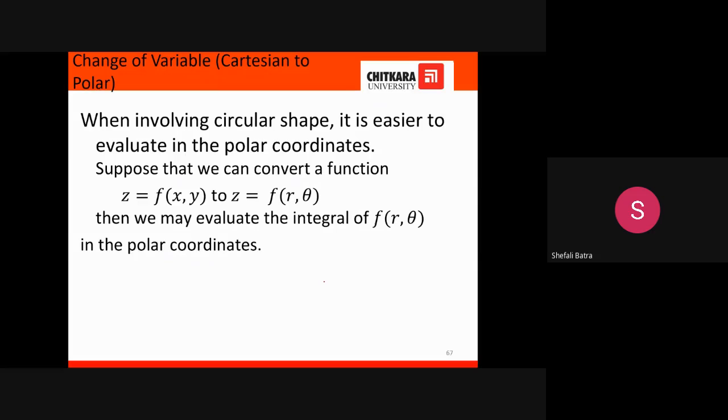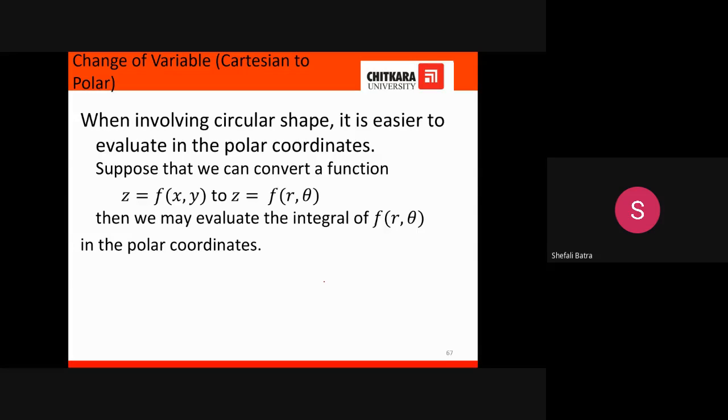Now come to the next, change of variable, Cartesian to polar coordinates. The integral would be given in Cartesian coordinates and you need to convert that into polar coordinates. Why convert to polar coordinates? It makes your calculation easy, right?